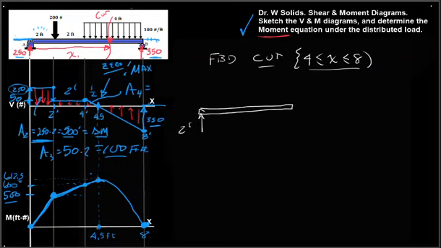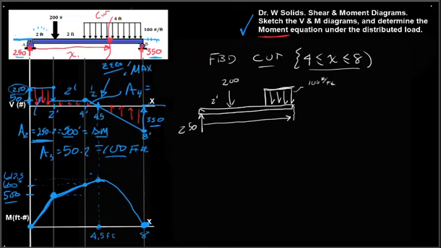We have 250 acting up here. We have 200 here. And we have a piece of the distributed load, but not all of it, that we've uncovered. And that's still 100 pounds per foot. And our cut is located at distance X out to here.